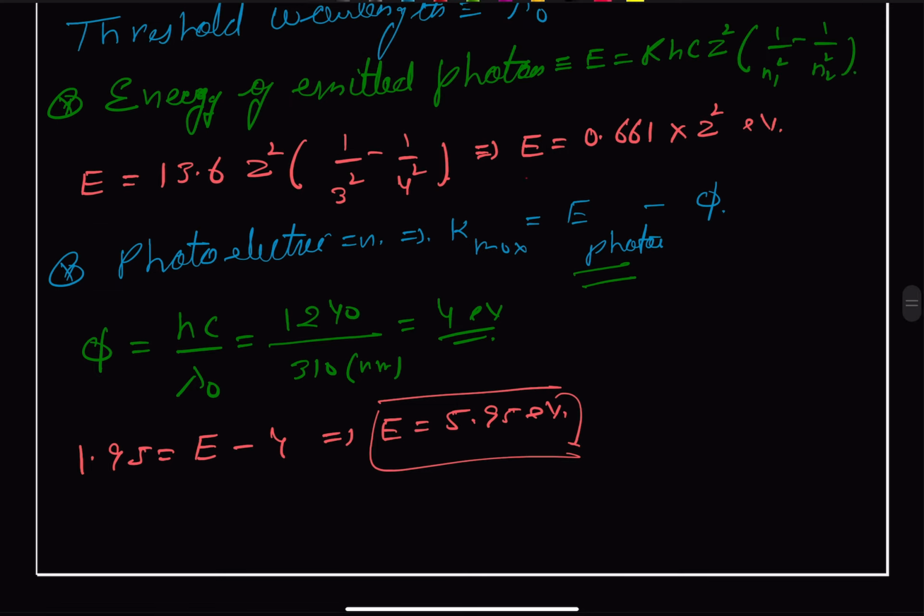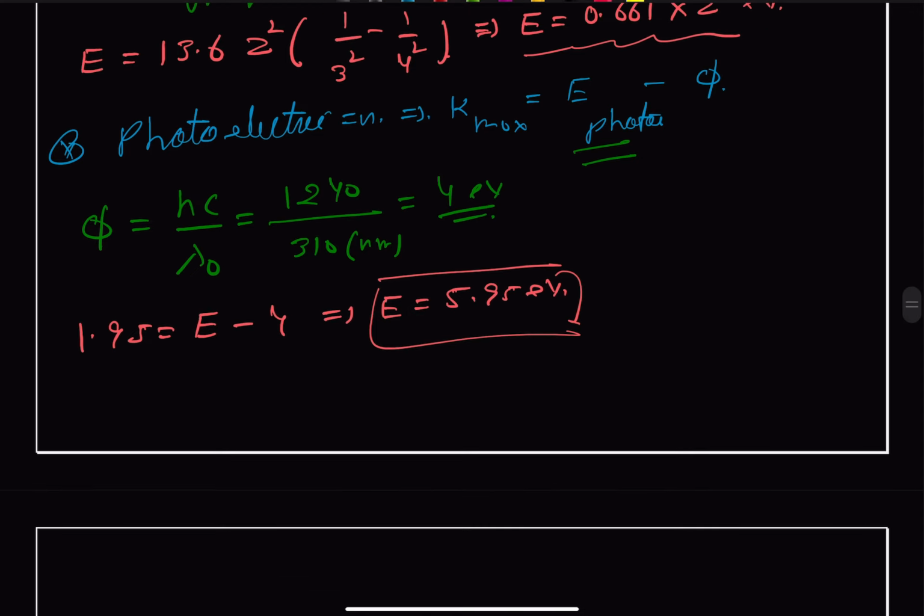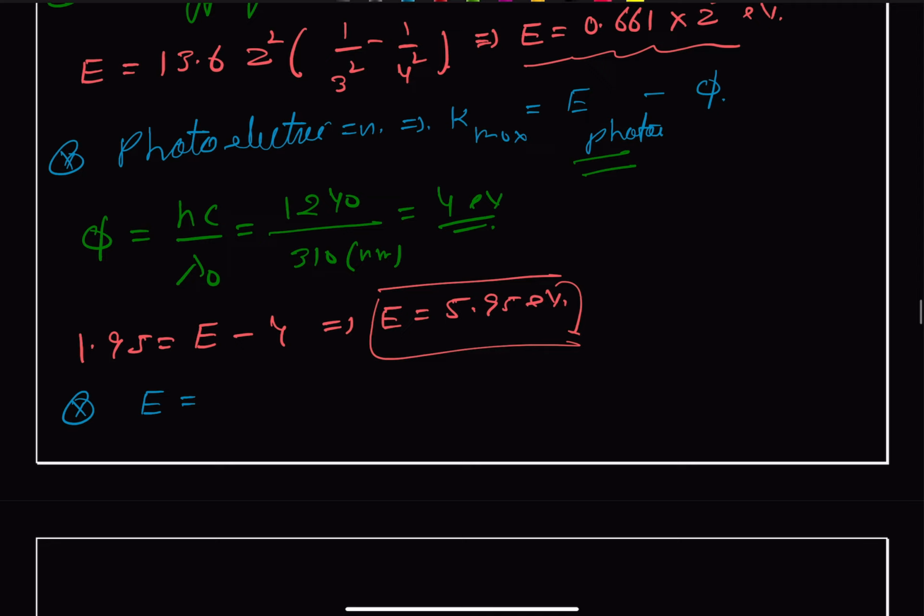And we are going to use this particular relationship and get the value of Z. Therefore, we can say that our E is equal to 0.661 times Z square.